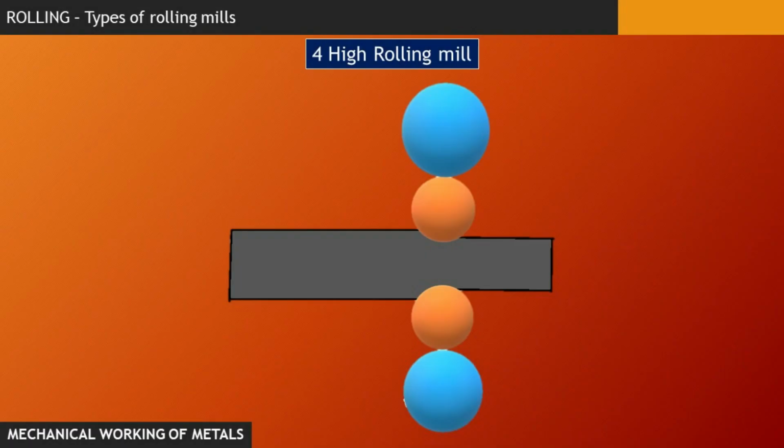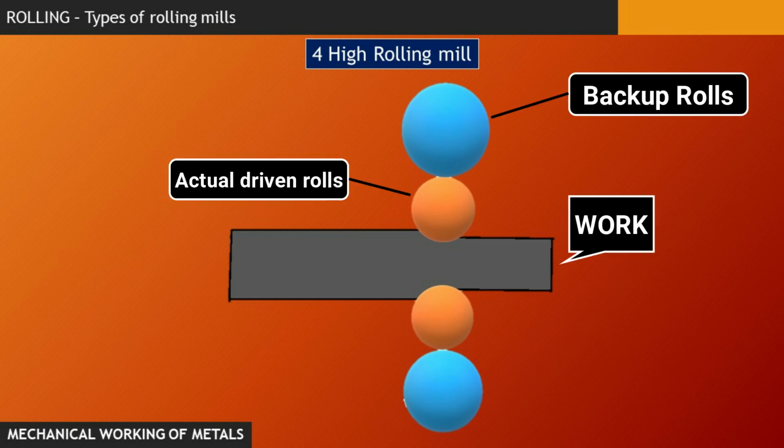And then we have a 4-high rolling mill, or we also call it a backup rolling mill. Here, the diameter of work rolls is kept as small as possible to reduce the force and the power requirement, and hence to avoid bending of these small size rolls due to their low strength and rigidity, large diameter backup rolls are installed, and this results in a 4-high rolling mill.